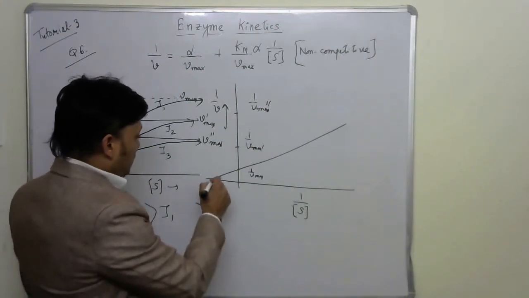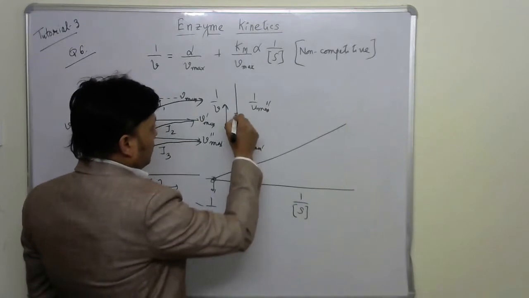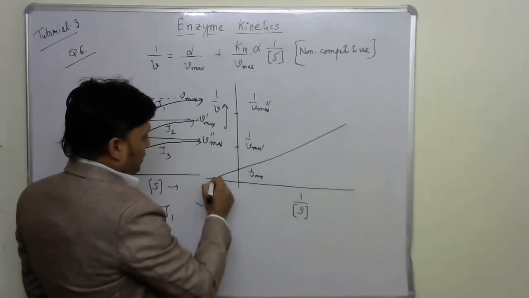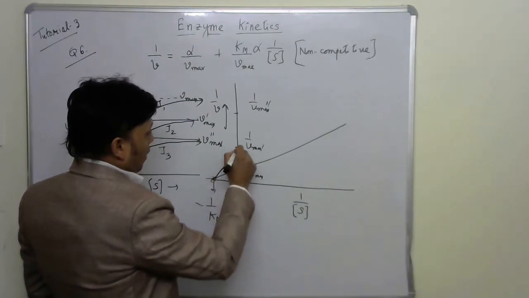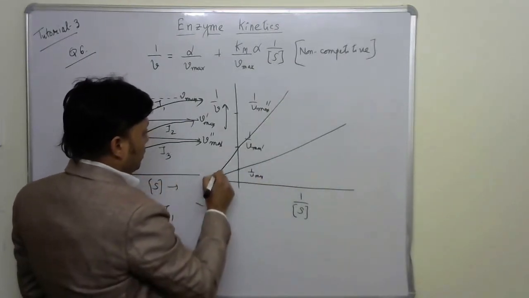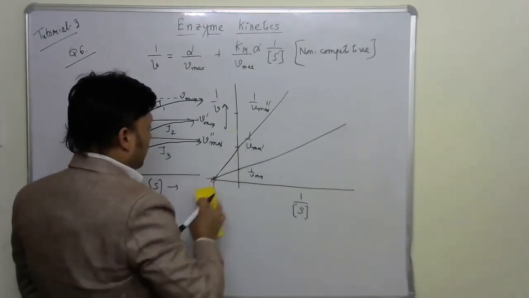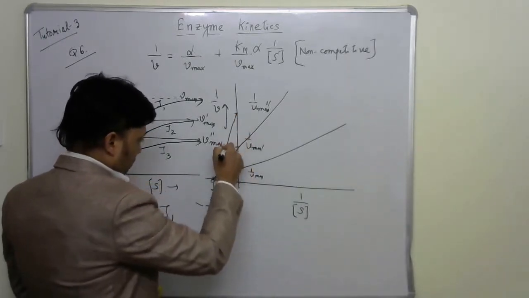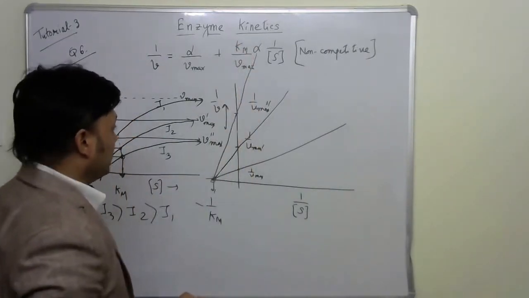So remember, this is the point for fixed Km, and these are the new points, and obviously the slope would increase and our graph plots should look something like, it will be even steeper. Okay, so yes, it will be even steeper like that.